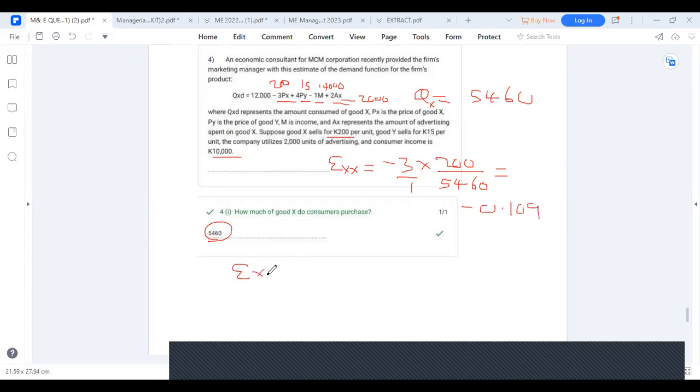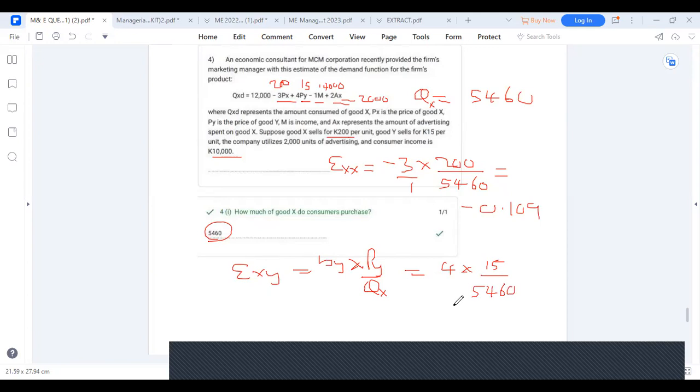About cross price elasticity, what are we doing? The gradient for good Y times price of Y over quantity of good X. So what's the gradient for good Y? No, it's 4. 4, correct. The price for Y, and gradient is 15 over 5460.